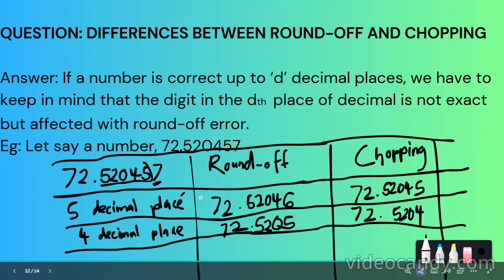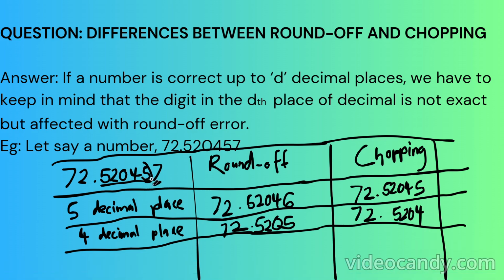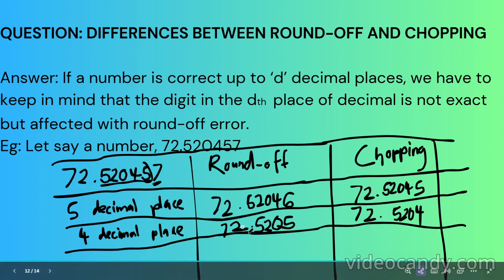This one changes because the 5 is greater than or equal to 5. So the round-off answer is 72.5205, while the chopping answer is 72.5204.